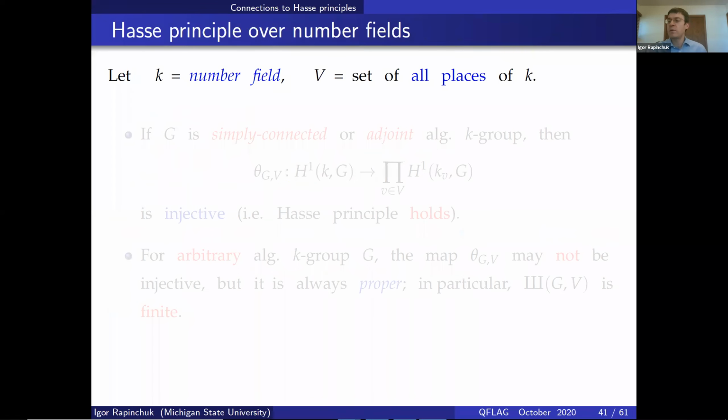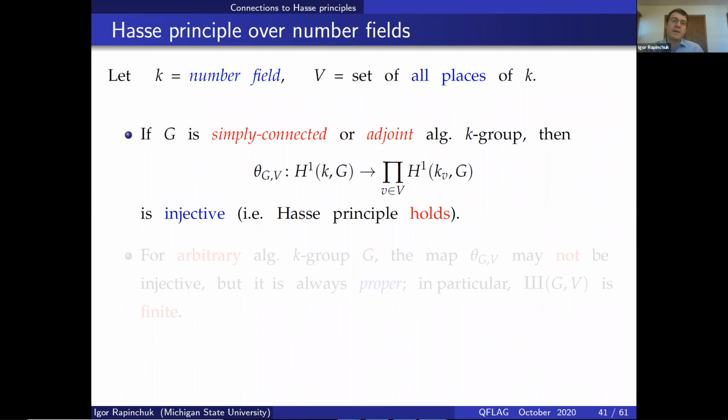Now, the study of local global principles for groups over number fields is really one of the cornerstones of the classical arithmetic theory of algebraic groups. So here, let's take k to be a number field and V to be the set of all places of k, including the Archimedean places. The key result here is that if G is a simply connected or adjoint algebraic group, then the Hasse principle holds.